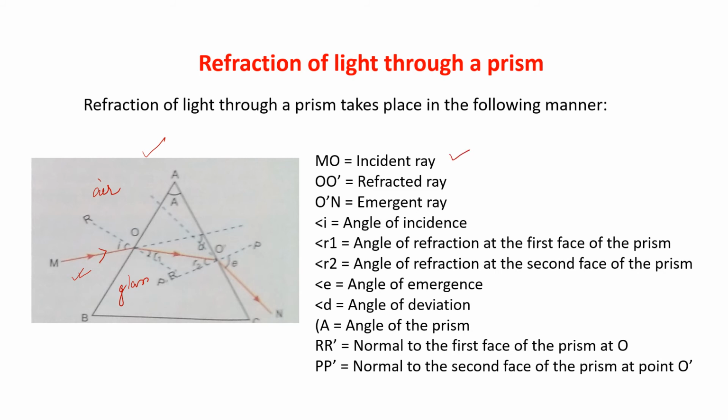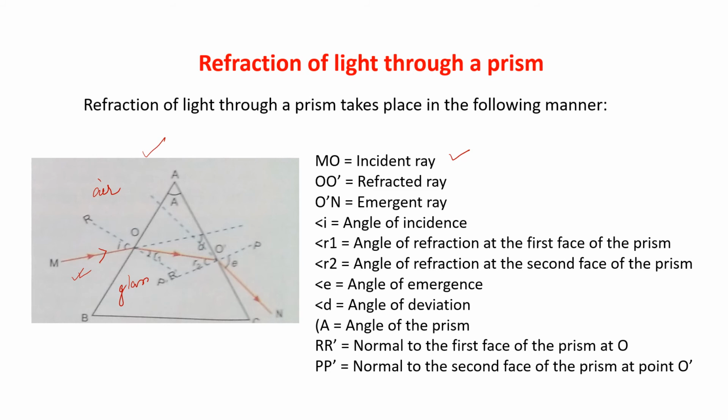Now inside the prism, this is the normal, R and R dash is the normal for the side AB. If you put a protractor and put 90 degrees, you will get R dash as the normal. Now the ray of light is coming from air and entering glass, that means from rarer medium to denser medium, so naturally it will bend towards the normal.